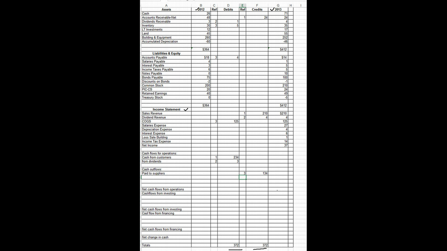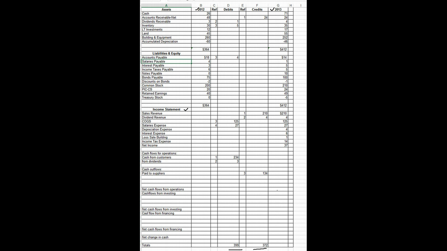So going back to our income statement, the next item up is salaries expense. And we're on transaction number 4. Salaries expense, the change in that account would have been a debit for 27. So I'll list that and I'll go up to the balance sheet and I'll look for anything that has to do with salaries. And I see salaries payable.